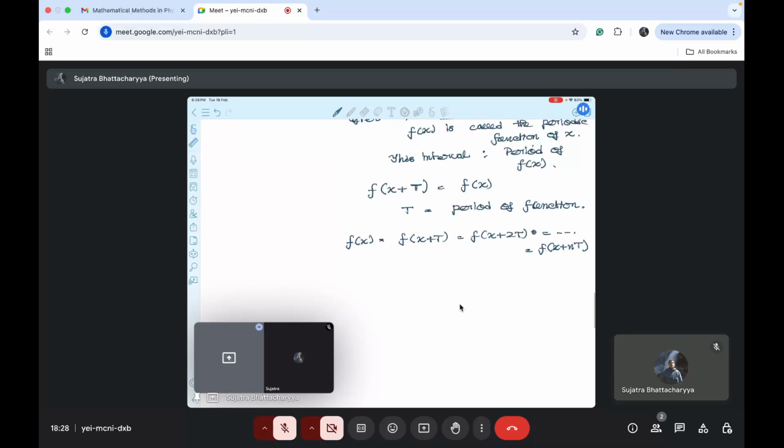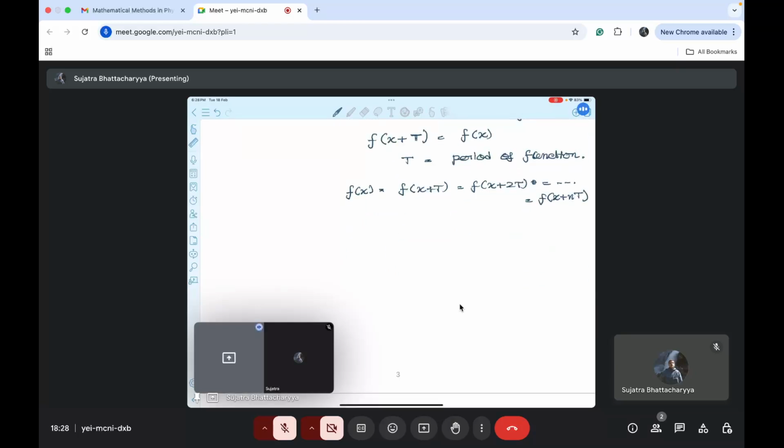Okay, so let's talk about how to calculate the period of a function. Suppose we have sin(nx) or cos(nx). We define the time period of them as 2π/n.